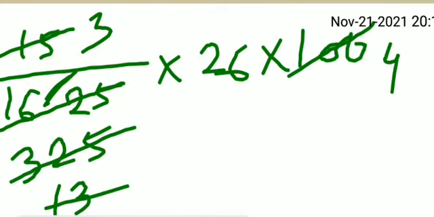Now 13 and 26 cancel, it will be 2. Clear? So after completing the calculation, you just multiply 4, 2 and 3. 4 2s are 8, 8 3s are 24.